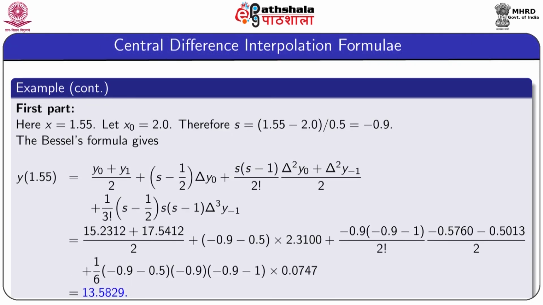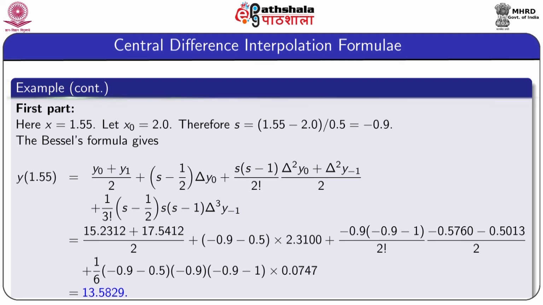In this case x equals 1.55, and so we consider x0 equal to 2.0 because 1.55 is close to the point 2 for this table of values. Hence s equals 1.55 minus 2 by 0.5, where 0.5 is the step length h, which is equal to minus 0.9.